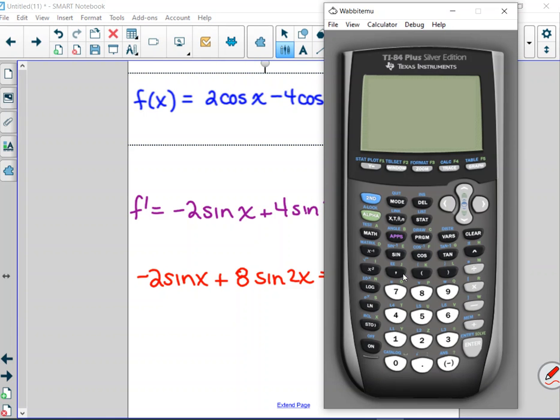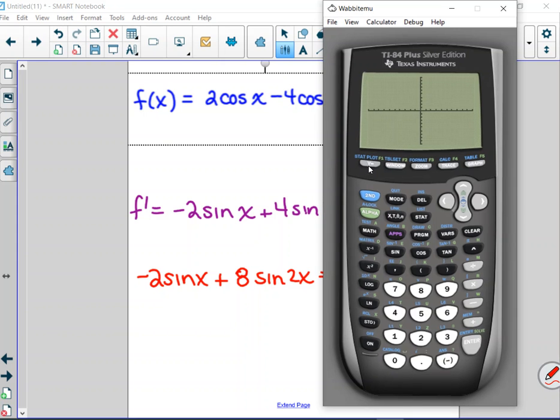All right, so let's do this. And then I'm going to show you another trick too. So y equals negative 4 over pi. Fine, there it is. Y equals, let's see, what mode am I in? I am in radians, so that's good. Okay, so y equals negative 2 sine x, gotta make sure I close that, plus 8 sine 2x.